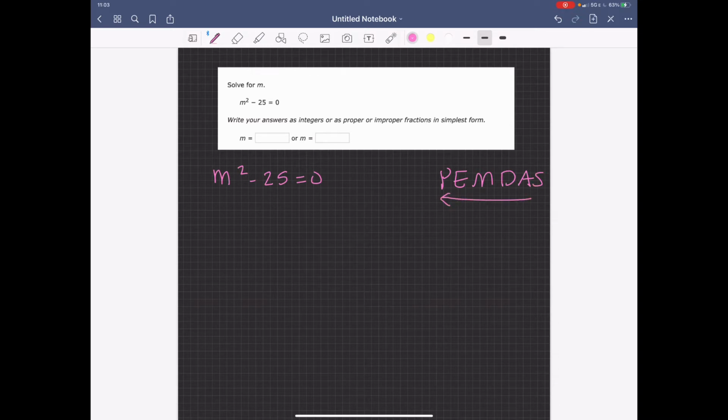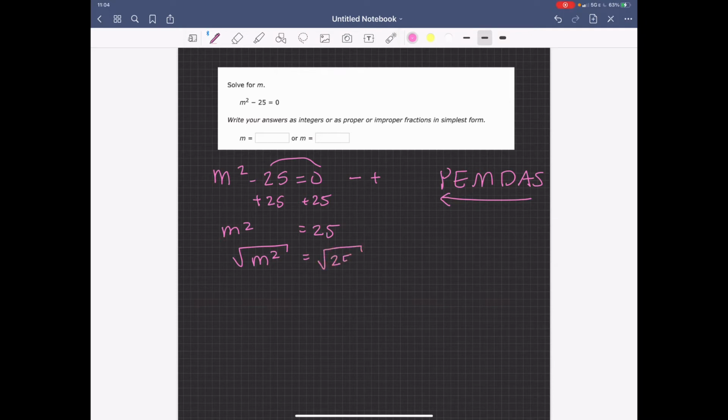So I need to bring the 25 to the right-hand side. And when I do that, because I have a negative, I'm going to add 25 to both sides. So plus 25, plus 25. m squared equals 25.